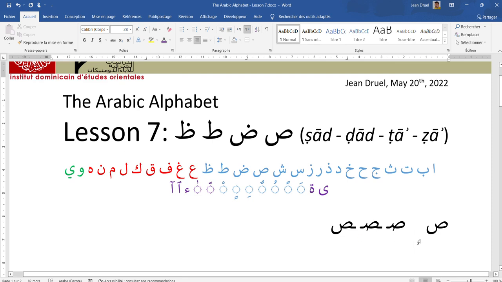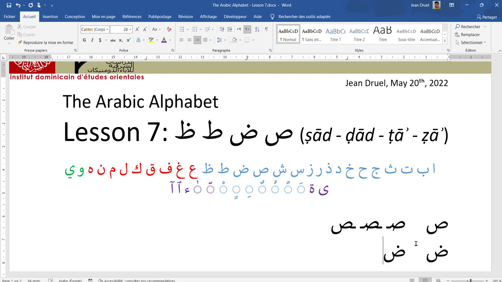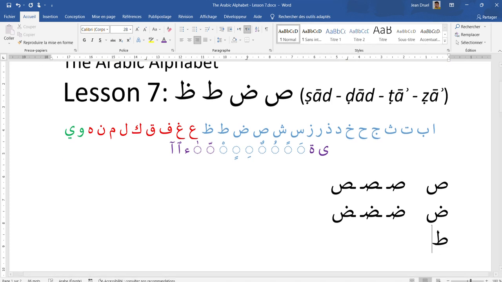The same goes for the bod, which is the same with a dot. So here it is quite straightforward. The pa is also easy because it has no tail, so it means that the initial form is pretty much the same as the middle form and as the final form.